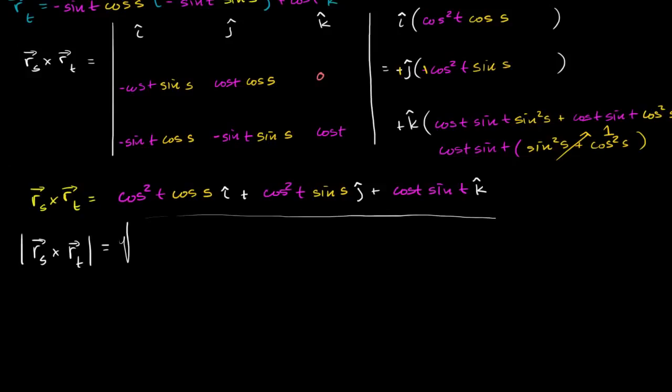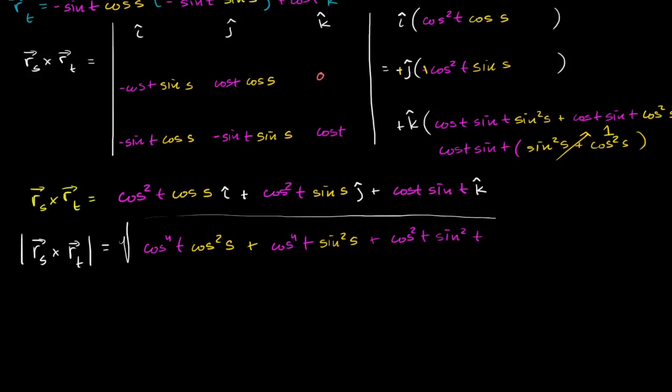So the square of this is going to be cosine to the fourth t cosine squared s, plus cosine to the fourth t sine squared s, and I already see a pattern jumping out, plus cosine squared t sine squared t. Now, the first pattern I see is this.